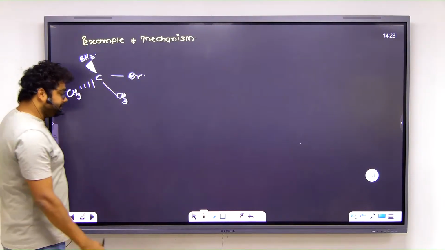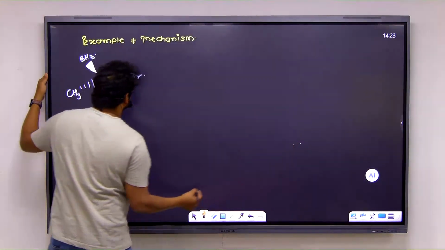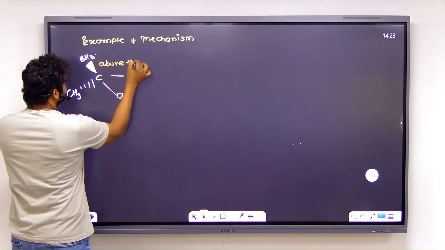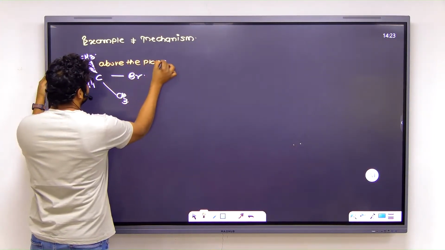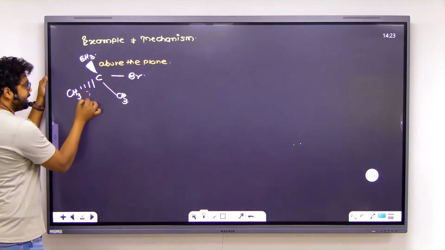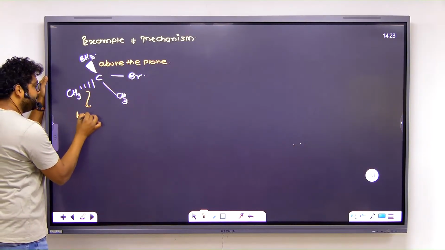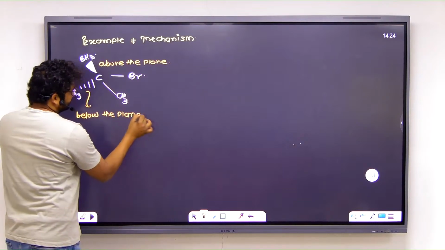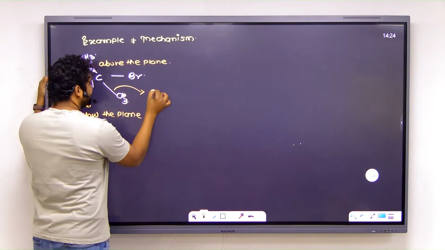Let me tell you first what you mean by wedge structure. This bond is above the plane. This dash bond is below the plane. And this is on the plane.